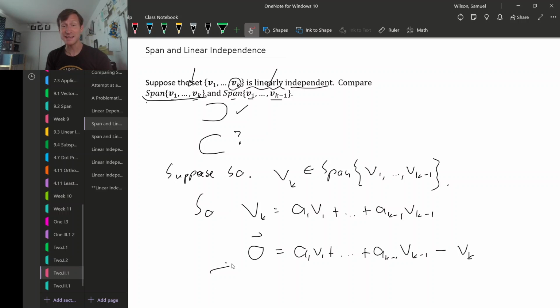But look, this is a non-trivial linear dependence relationship, right? And it's non-trivial because the coefficient on this v_k isn't 0, right?